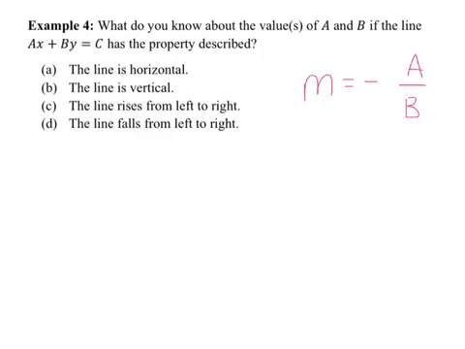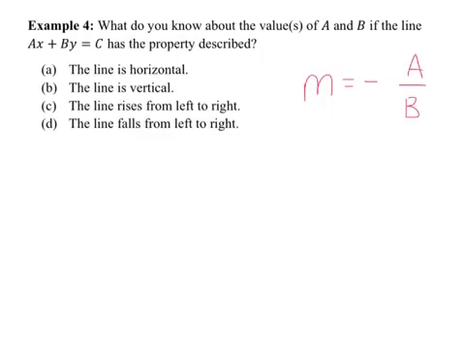If a line is horizontal, what slope is it? 0. So if you get 0 as a slope, what does that mean about the fraction? Then A equals 0. To get 0 as a fraction, the numerator has to be 0. 0 divided by 5 is 0. 0 divided by 8 is 0. 0 divided by any number is 0.